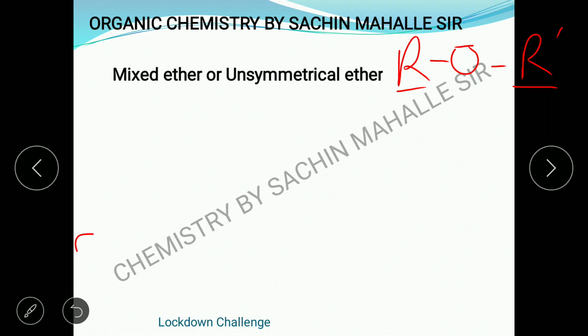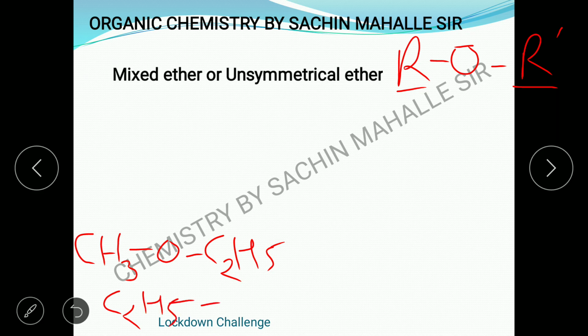Example, CH3 bond O bond C2H5. Second example, C2H5 bond O bond C3H7. The name of the first compound is ethyl methyl ether. The name of the second compound is ethyl propyl ether.